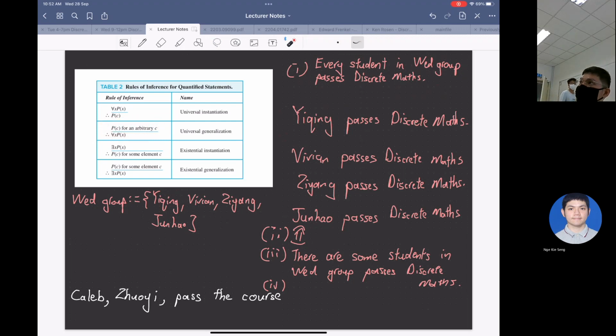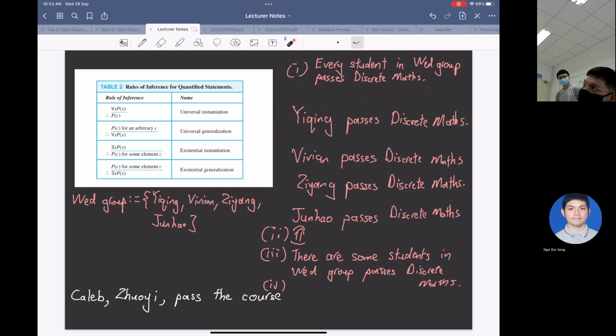If I want this whole statement to be true, this one, the second one. This form means that P(c) for an arbitrary c implies for all x, P(x). So if I want this statement to be true, I want the second statement, for all x, P(x), to be true.